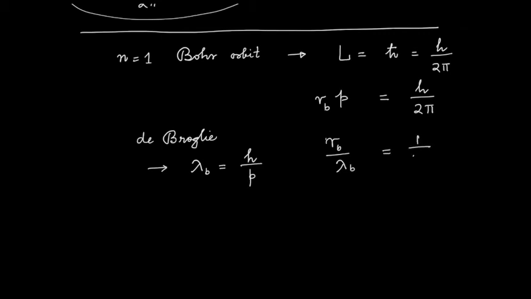So you get Rb by lambda b equals 1 by 2 pi. Okay, the h gets cancelled out, sorry. So you see that the first Bohr orbit is 2 pi times the de Broglie wavelength, essentially.